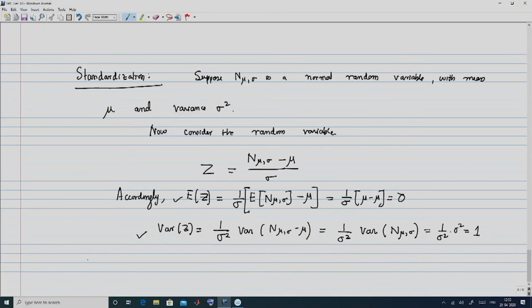So the only thing that remains is to figure out, making use of n mu sigma, what exactly the distribution of z is going to be. So finally, we compute the distribution of z.